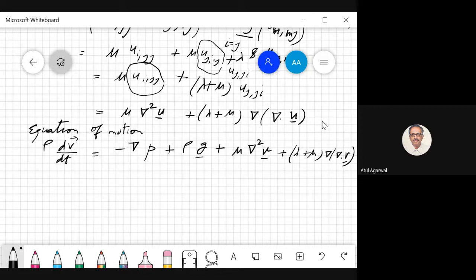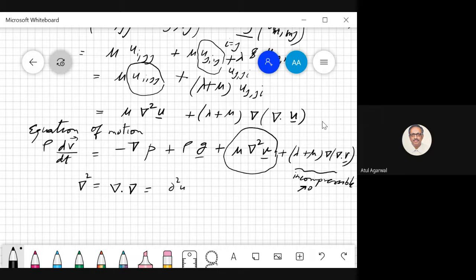If your flow is incompressible, this term goes away. So you'll be left only with this term. And you see what does this term look like? Can you recognize this term? What is this del square? So this means del square u by del x square.